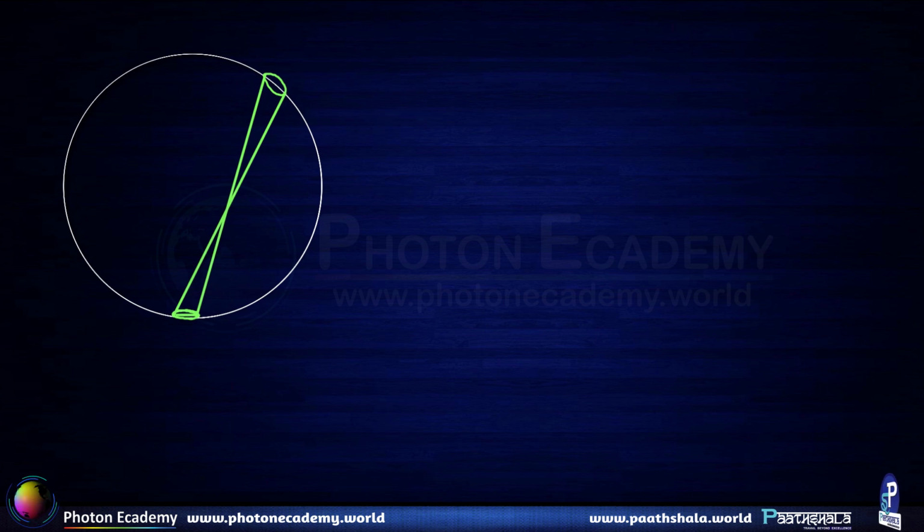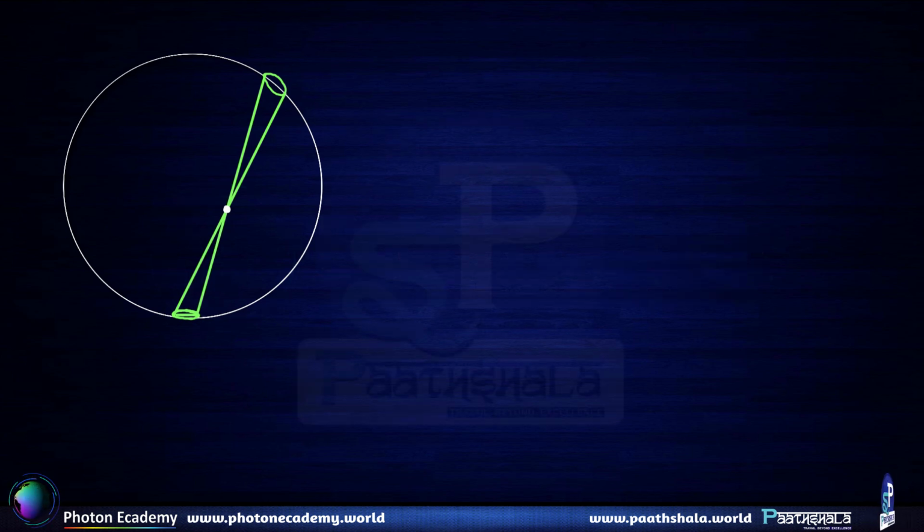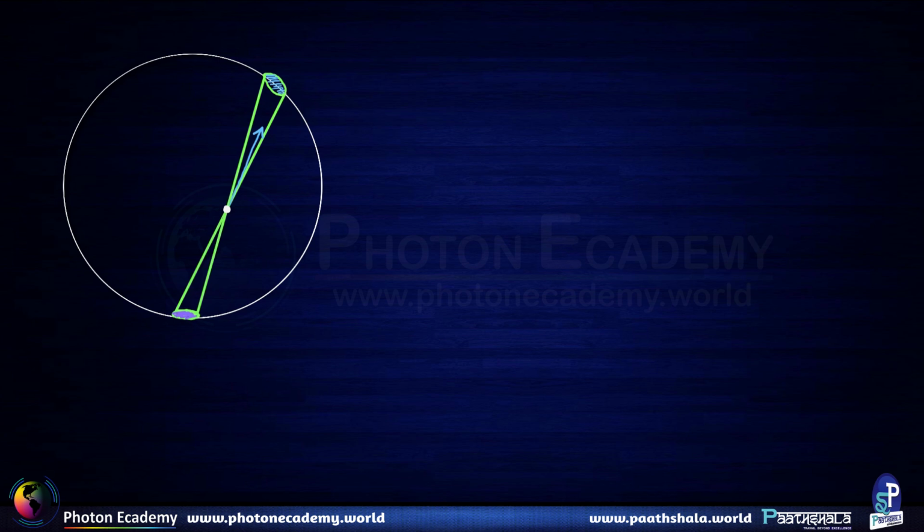So for this particular point, it can be shown that the gravitational field cancels out for these two areas. This particular area is going to have a gravitational field pointing in this direction. This other area is going to have a gravitational field pointing in this direction. So they are opposite in direction and they happen to be equal in magnitude.